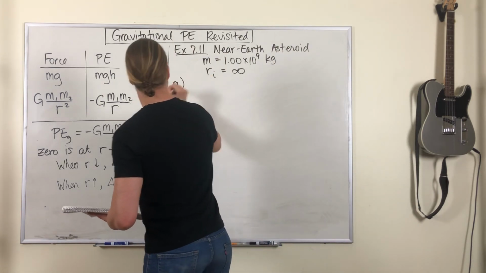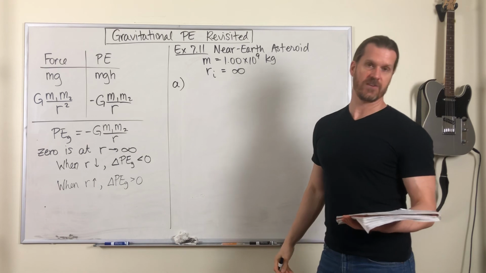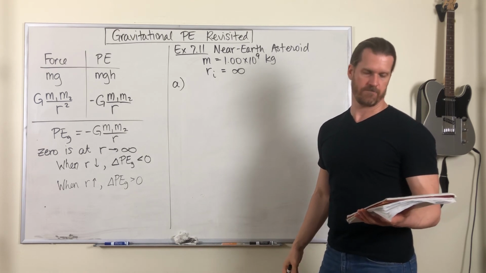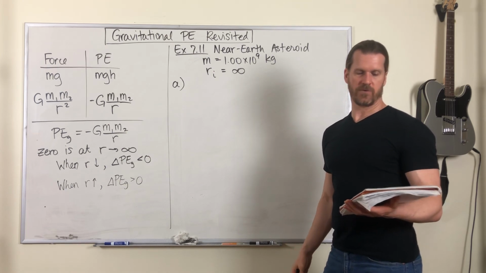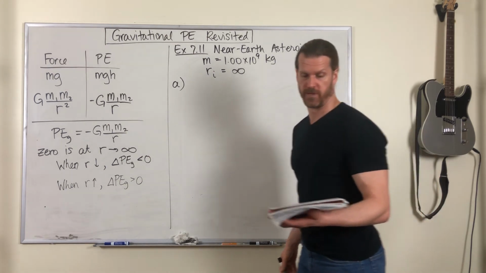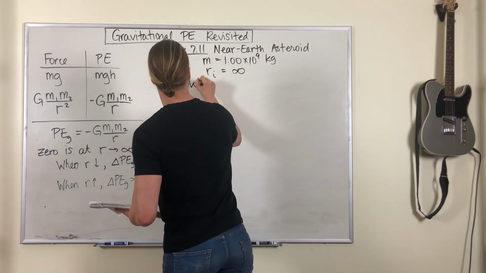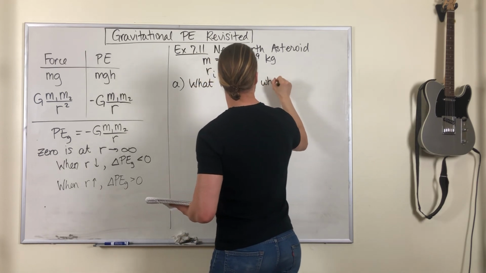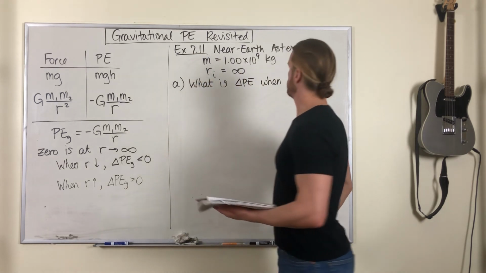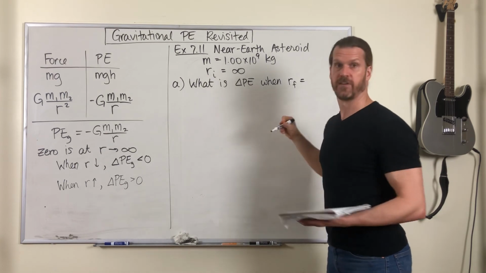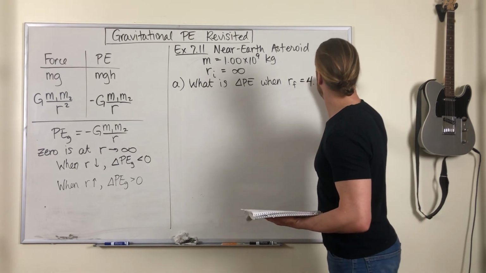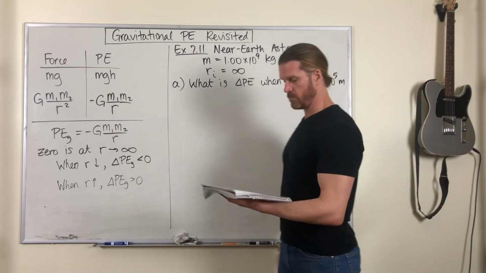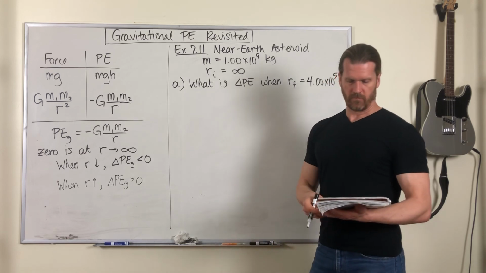So let's answer some questions. First one is, what is the change in potential energy when it reaches a distance that's about equal to the distance of the moon's orbit? That is 4 times 10 to the 5th meters. Okay, just beyond the moon.